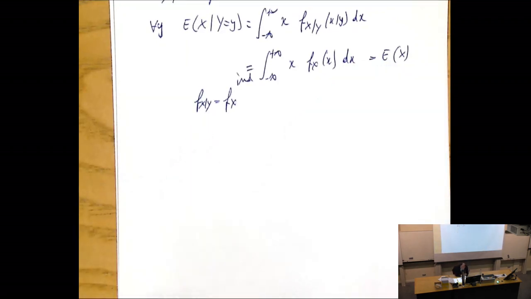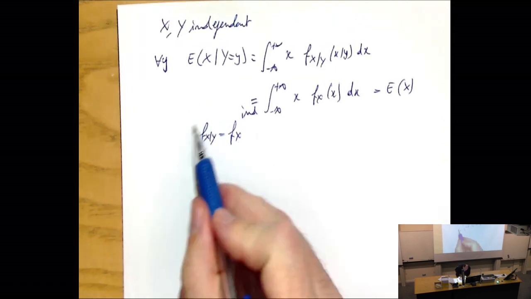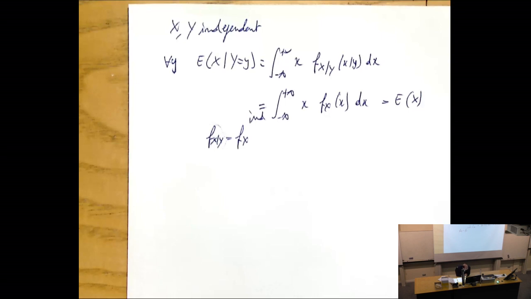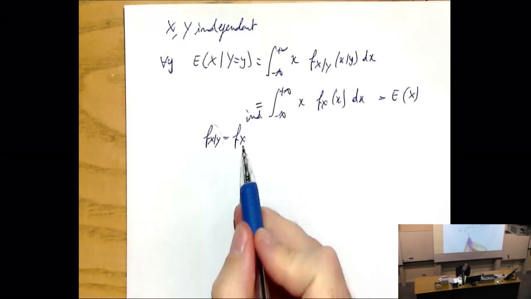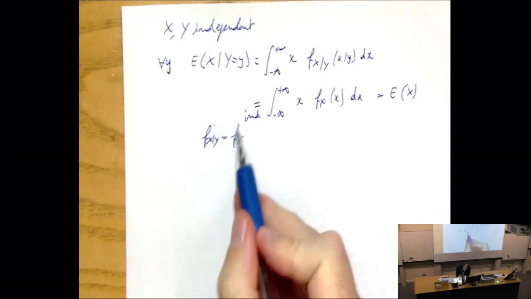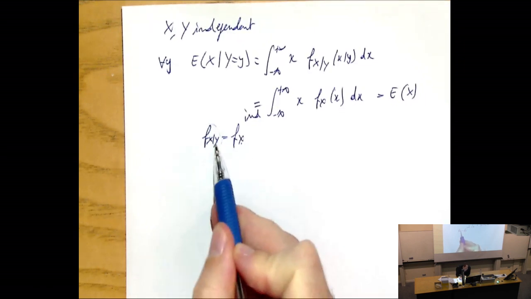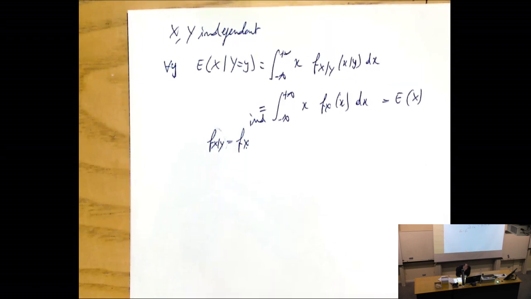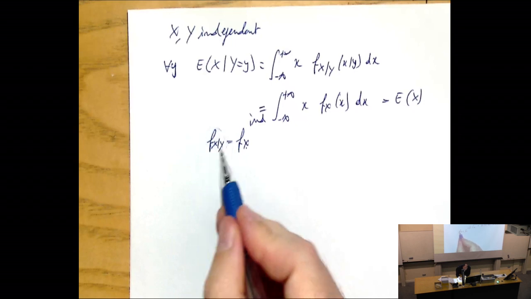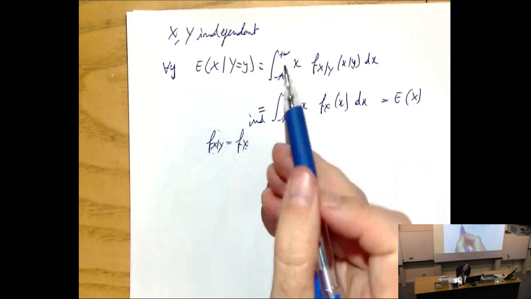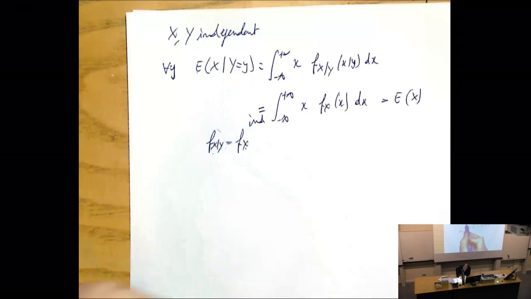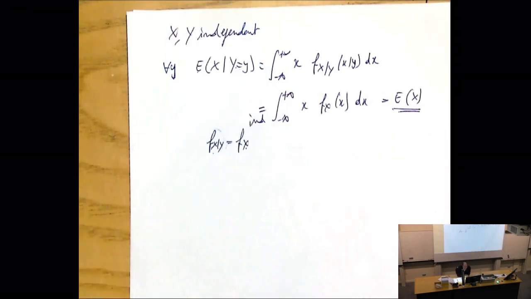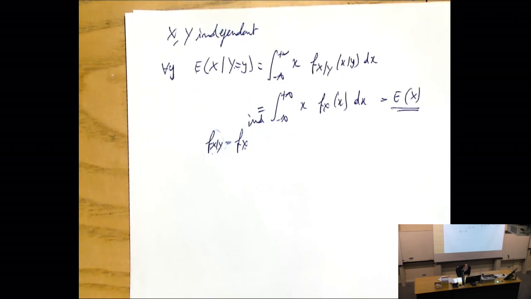So if they're independent, the conditional PDF of x given y is equal to the marginal of x. Y does not influence the conditional probability density function, which is equal to its marginal, and the expectation of x given y is equal to the expectation of x. So y does not really influence the expectation.